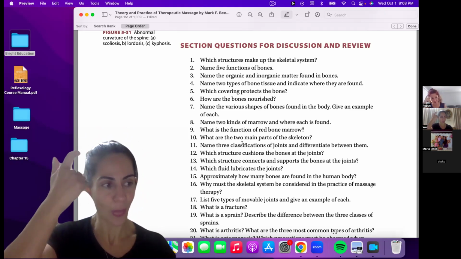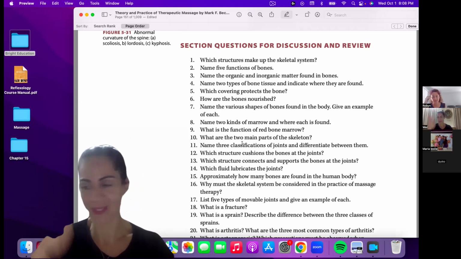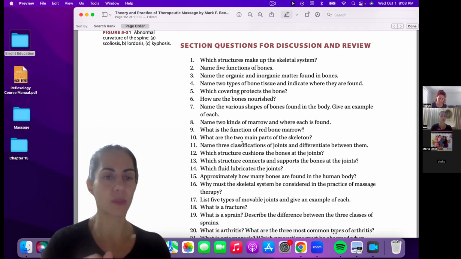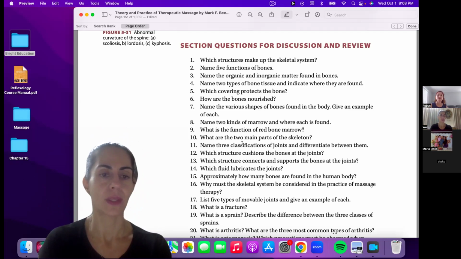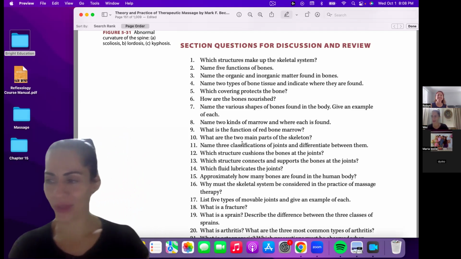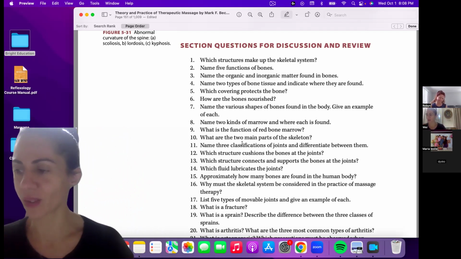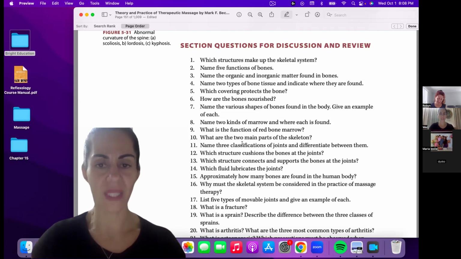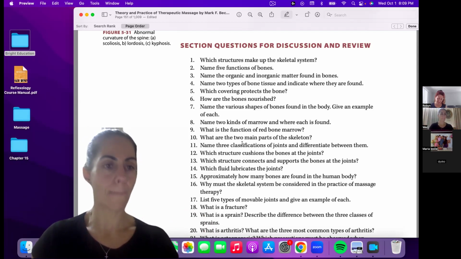The skull, yes. Sutures of the skull, correct. And now what do we call the partially movable? Amphiarthrosis, or amphiarthrotic, correct. Awesome. You find that in the spine and in the pubic symphysis.